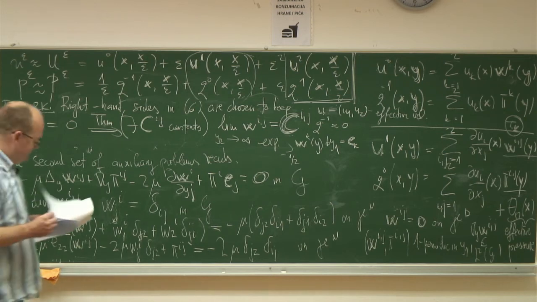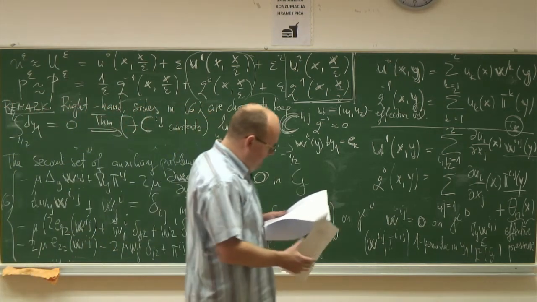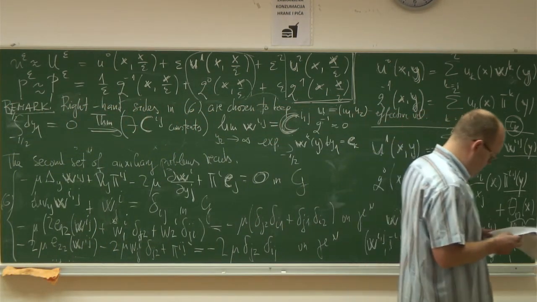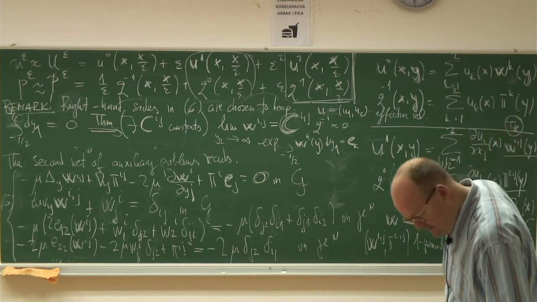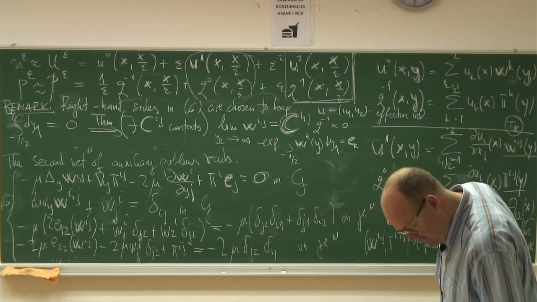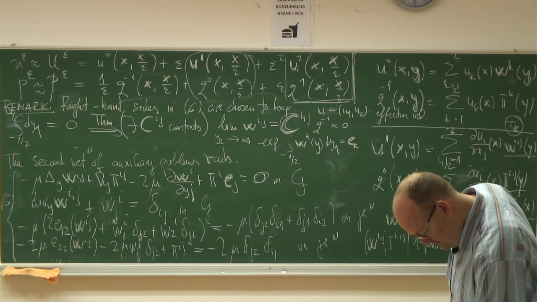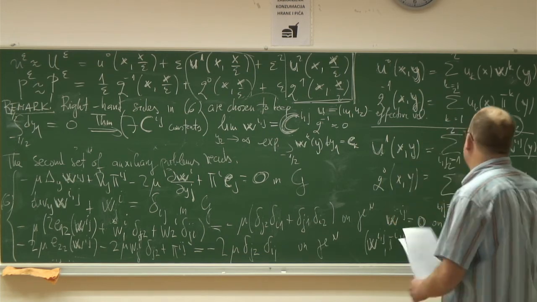Okay, so now we go back to 4, where we have Q0, P0. Isn't that 4? Yeah. Okay.